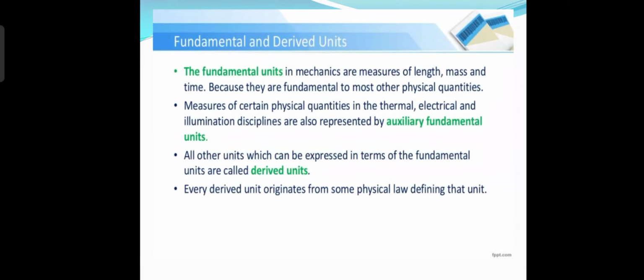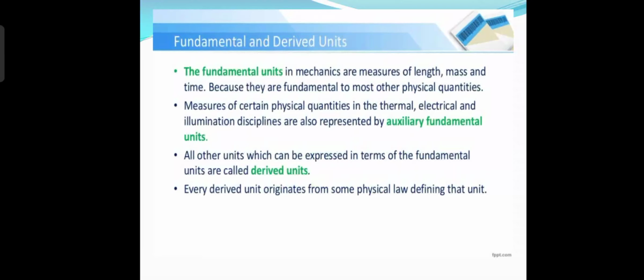Now we will see what are the different types of measurement units available for measuring the parameters. Generally we have different types of units. They are fundamental units and derived units.